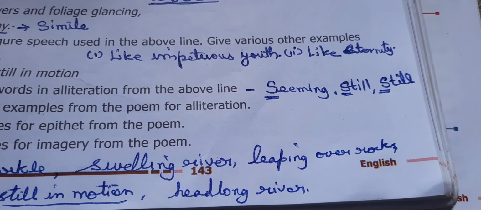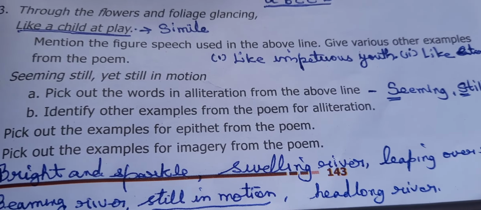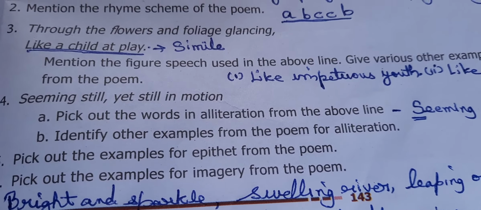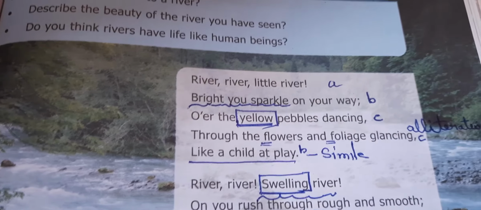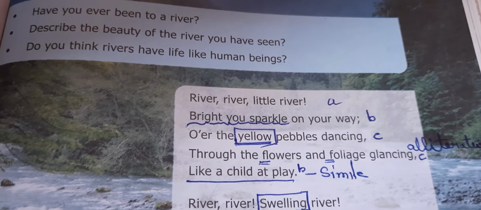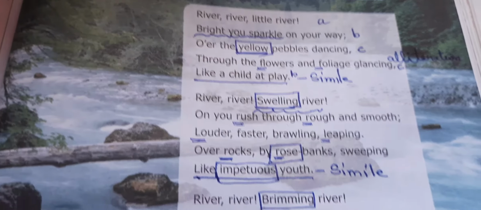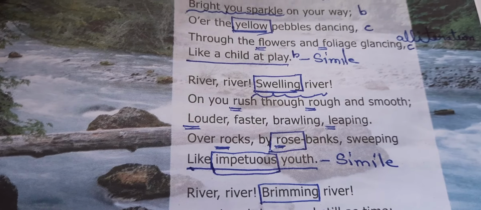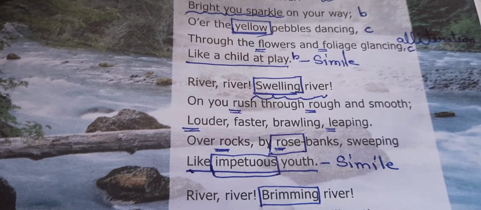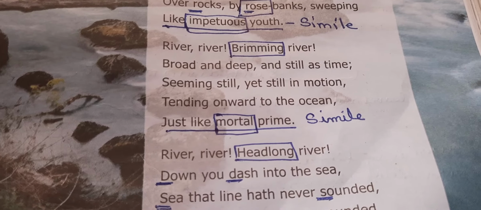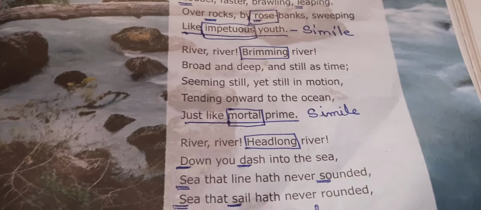So here, seeming still. So identify other examples of alliteration. So we can go to the poem. In the first stanza, fourth line, flowers, foliage, that fa sound. And in the second stanza, rocks, rose in the fourth line, and in the third stanza, it's seeming still, and underline that.